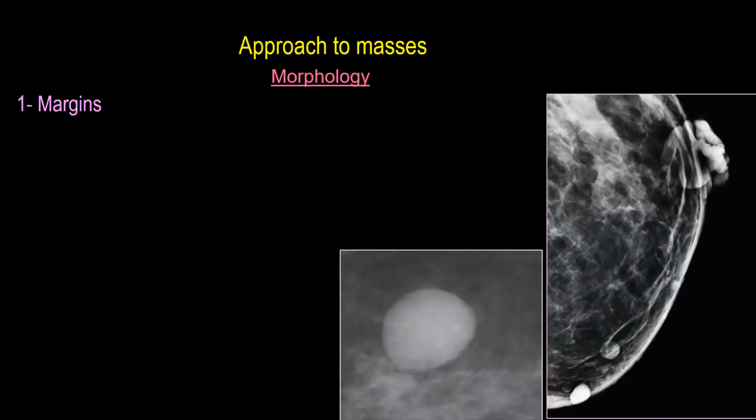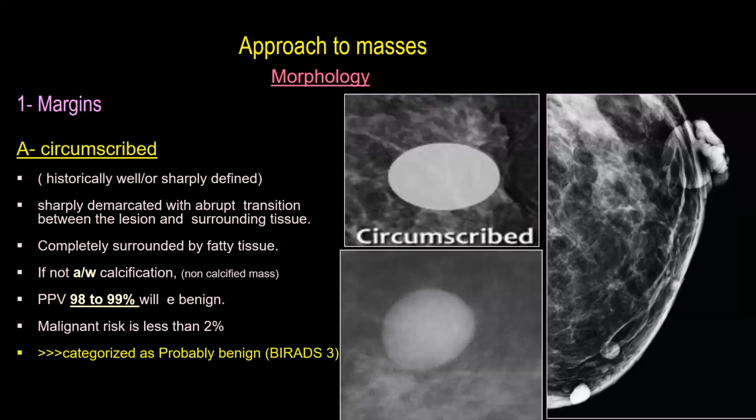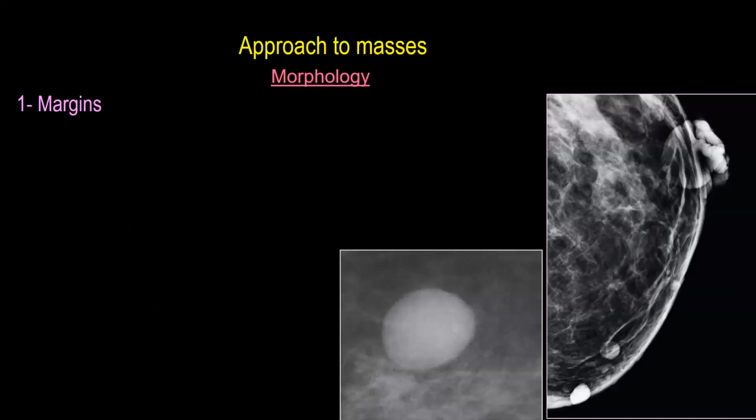Starting with this, can you tell which one? These lesions regarding the circumscribed. Circumscribed. Yes, these are circumscribed. Why did we say circumscribed? I can see the whole margin clear.